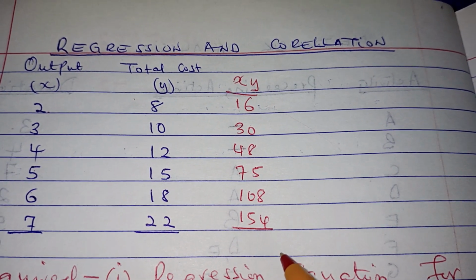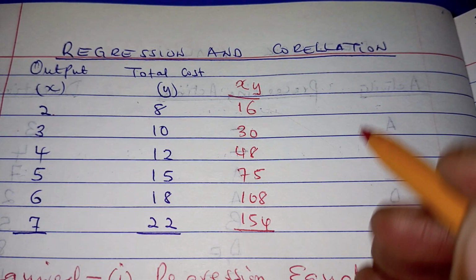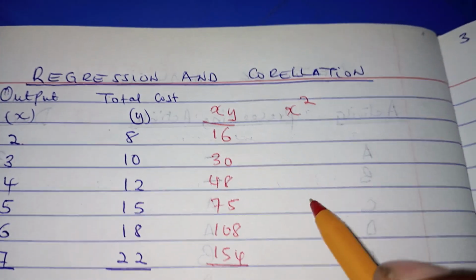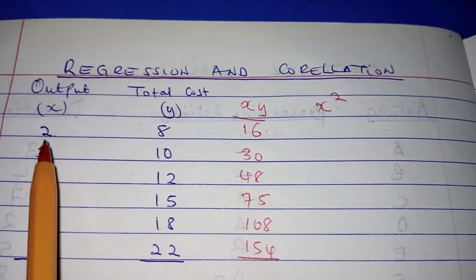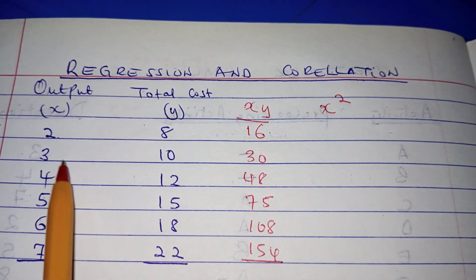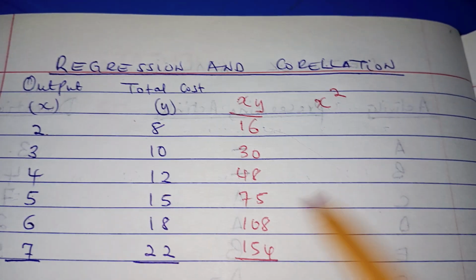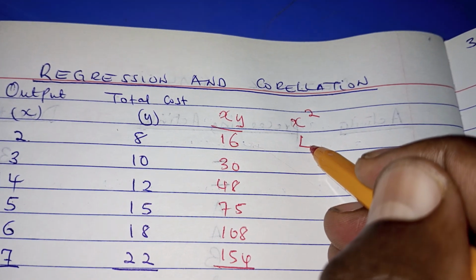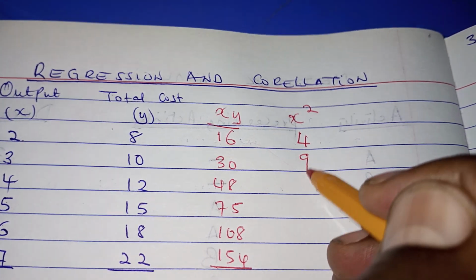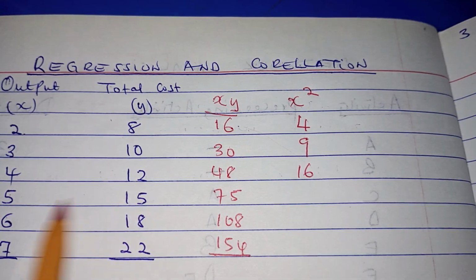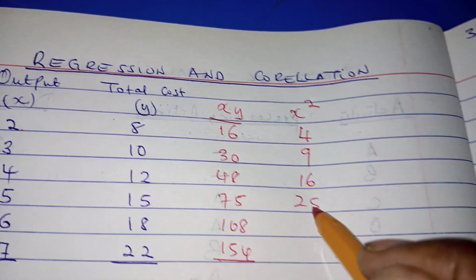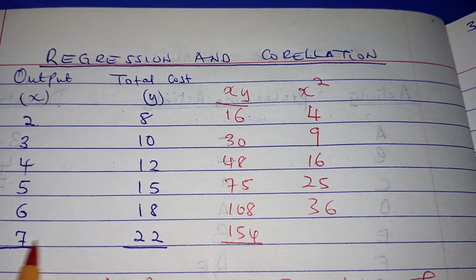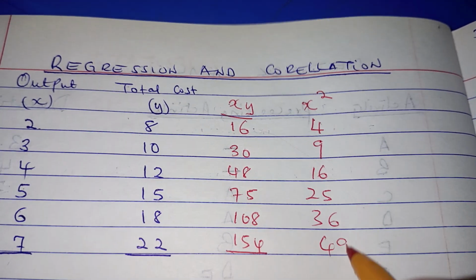Then we shall have one more column, x squared. We shall square x, so we shall have 2 squared, 3 squared, 4 squared, and so on. The column is filled as follows: 4, 9, 16, 5 squared is 25, 6 squared is 36, then 7 squared is 49.